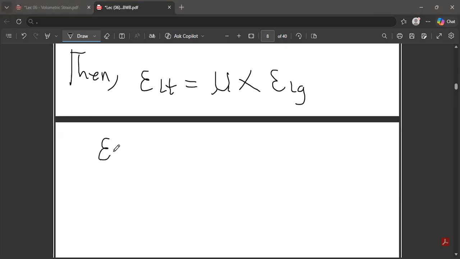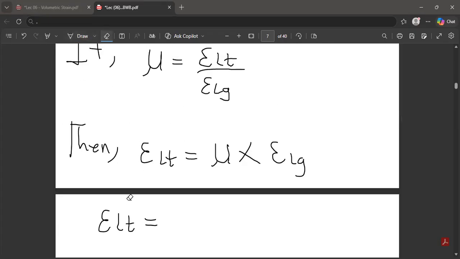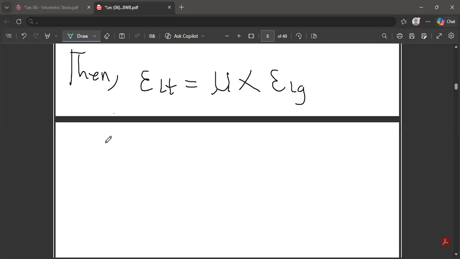Our lateral strain is now equal to what? Better still, if you wish, I could use a different color pen to enhance your understanding. And finally, we can write that as this. That is our lateral strain.